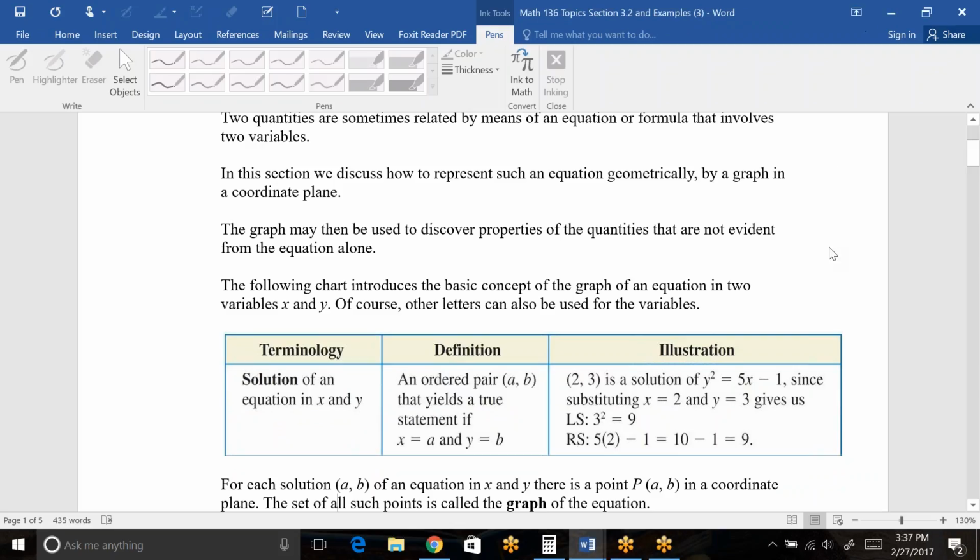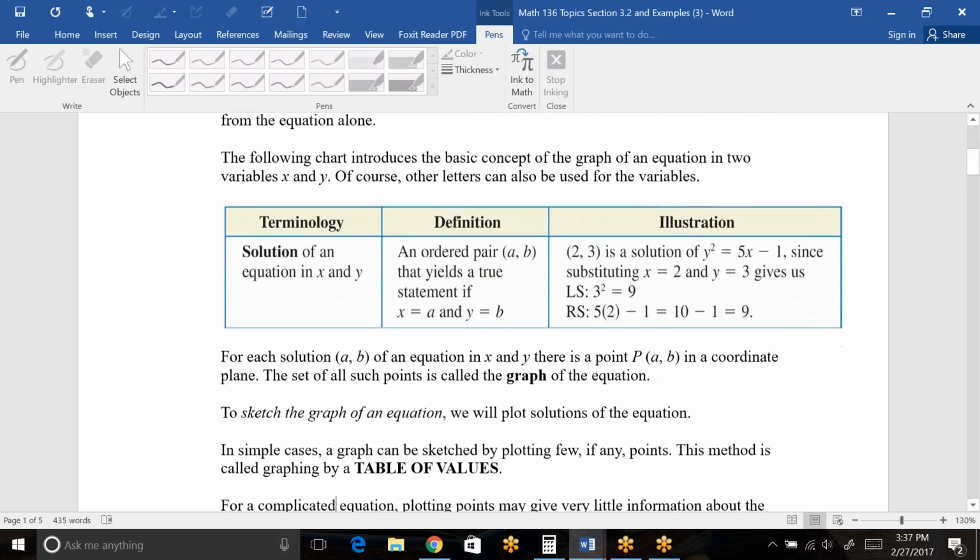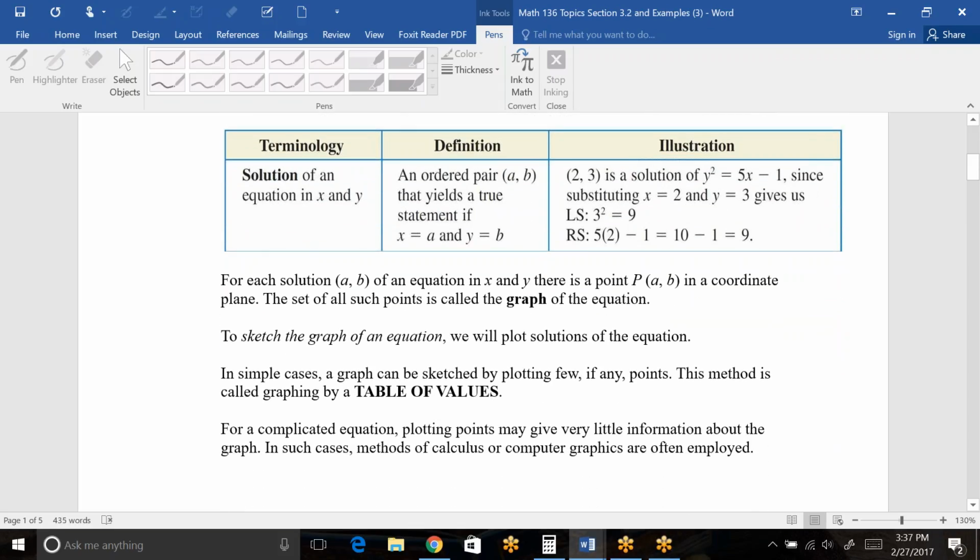So every ordered pair that you draw as a point, or as you connect the points, those ordered pairs even in between, that are on your specific curve or line, all of those points plug into the equation and make the left side equal the right side. That's what we're really showing someone: all of the possible solutions. And when you do that, that's called the graph of the equation.